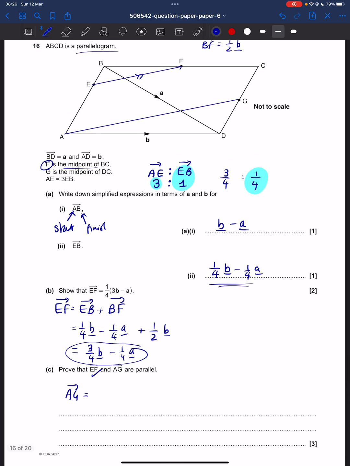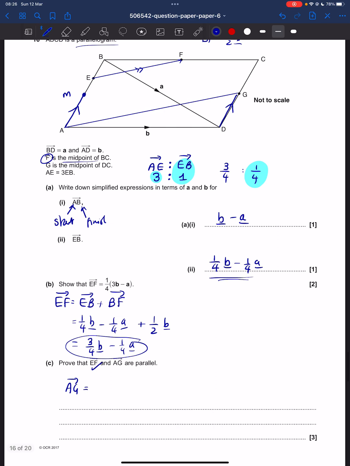So G is the midpoint of D to C. So G is also the midpoint of A to B. D to G is going to be the same vector as the midpoint of A to B, which we haven't got yet. But the midpoint of A to B, so I've got A to B there, is B minus A. So the midpoint is going to be 1/2 of that, 1/2 b minus 1/2 a.